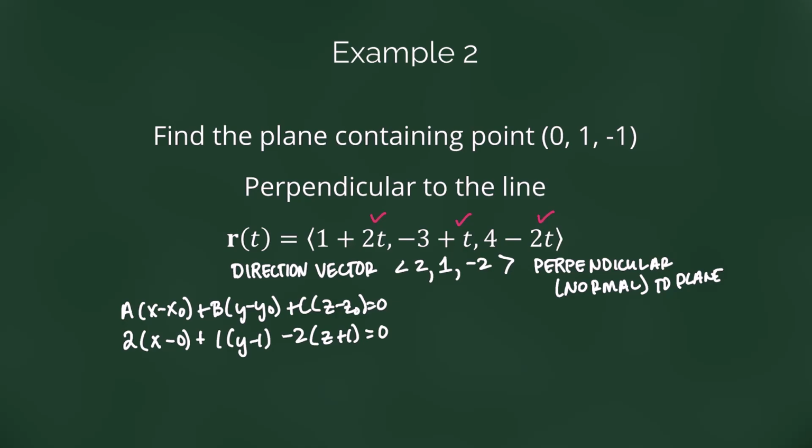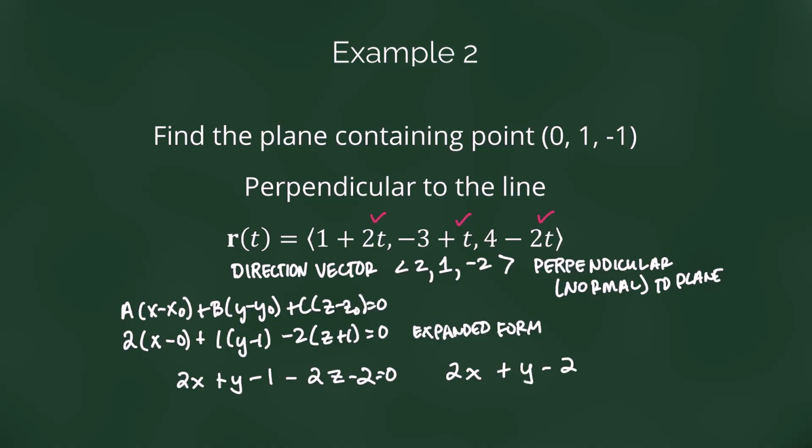So there's our expanded form. Now if we write this in the standard form, we get 2x plus y minus 1 minus 2z minus 2 equals 0, which gives us 2x plus y minus 2z is equal to 3.